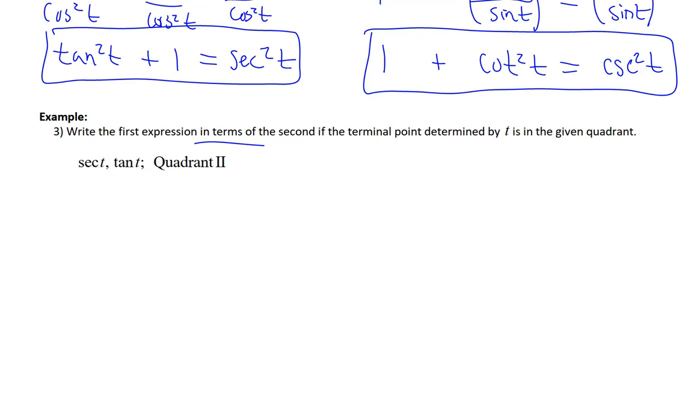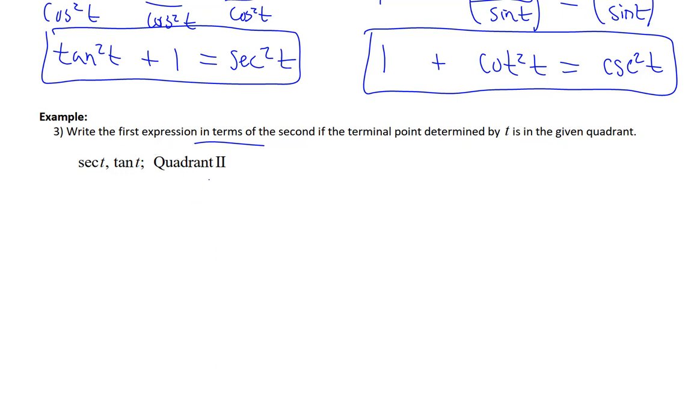So we want the first expression by itself, and on the other side of the equal sign you see the second expression, which means we want secant of t by itself, and then it's equal to something that's going to involve tangents. And then we'll see why this quadrant specification, quadrant 2, might matter.